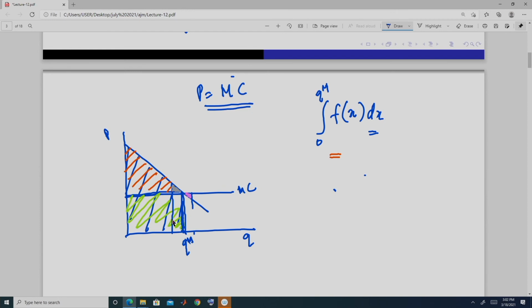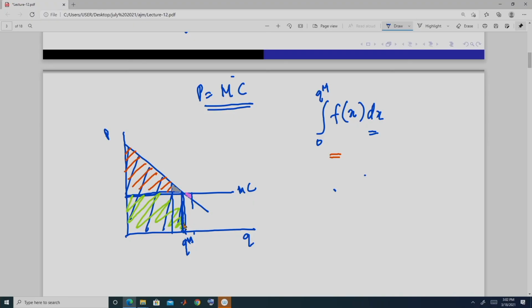So, that is why this situation where all the surplus is accruing to the monopolist is a Pareto optimal situation, because if we want to move from that to any situation where we make anyone better off, we will have to hurt someone else. If we want to make any consumer better off, we will have to hurt the monopolist, and if we want to make the monopolist better off, we do not have any other option. Okay. So, in this sense, first degree price discrimination is a Pareto optimal situation.